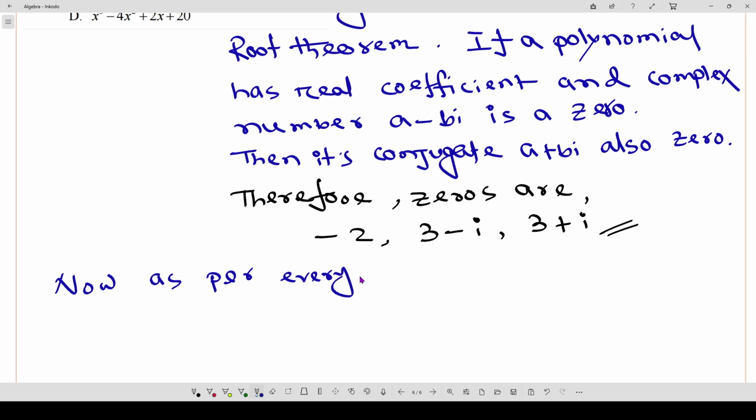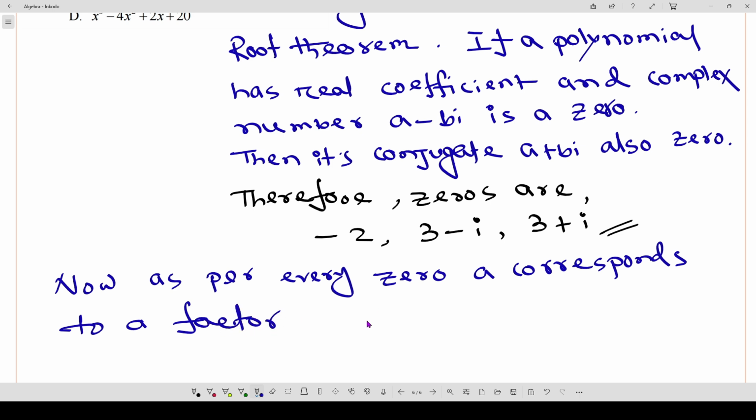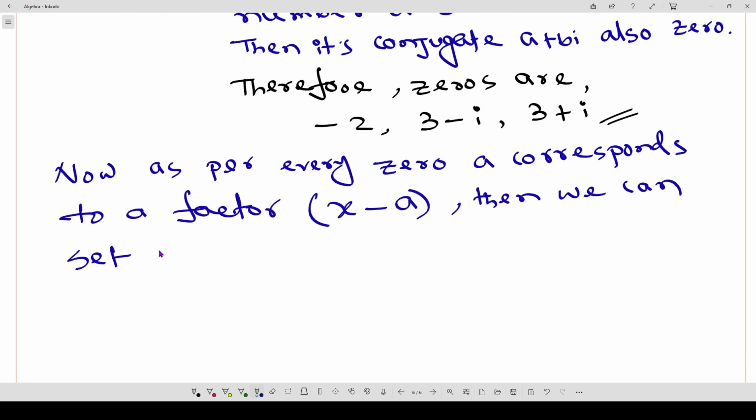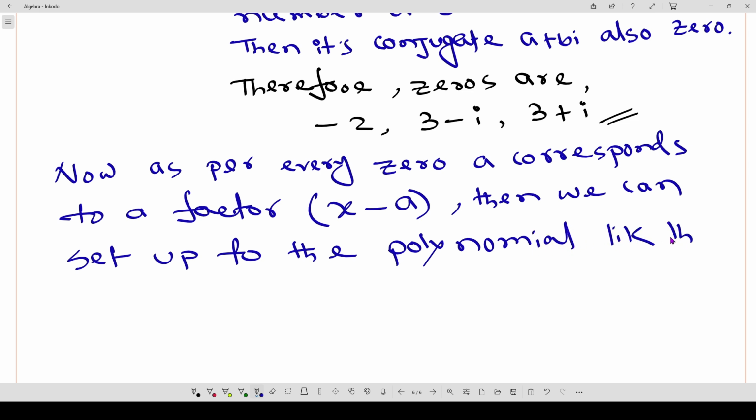Every zero a corresponds to a factor x minus a, so we can set up the polynomial like this.